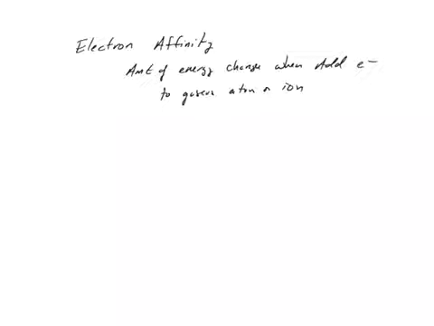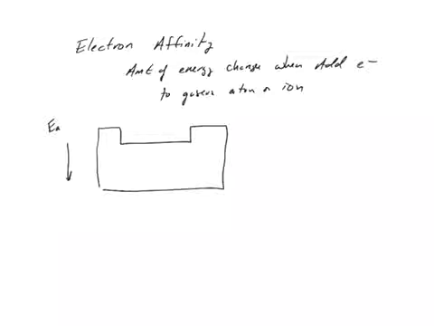Okay? And the trend for electron affinity is this. As you go down, electron affinity decreases. As you go across, electron affinity increases.